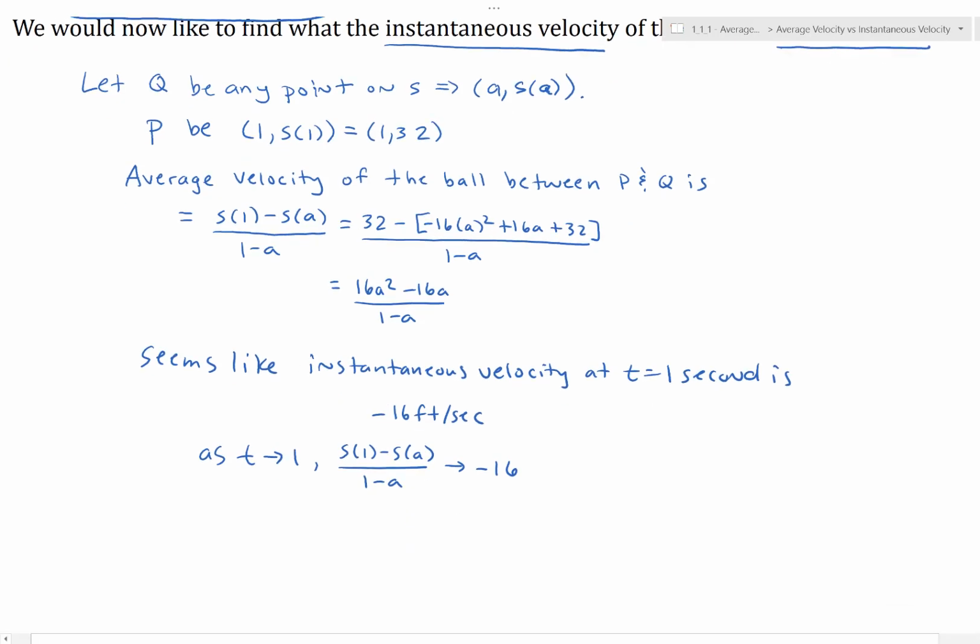What we'd like to write moving forward is things like this: the limit as t goes to 1 of s of 1 minus s of a over 1 minus a equals negative 16. So this is the idea of a limit.